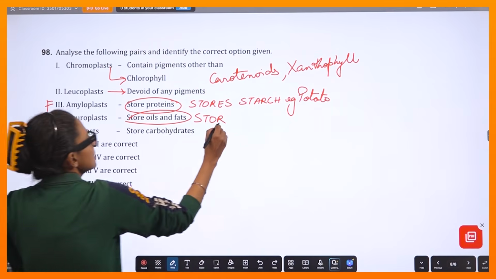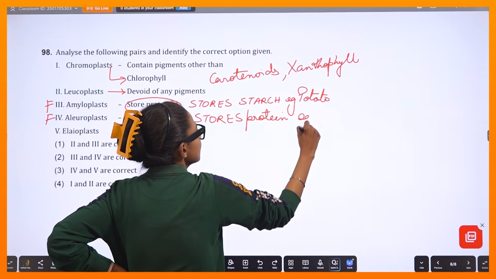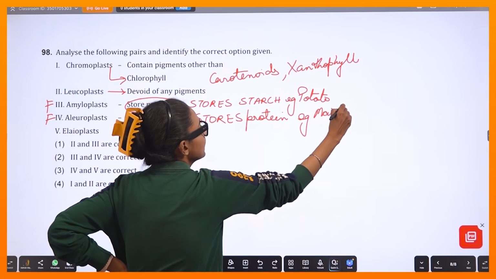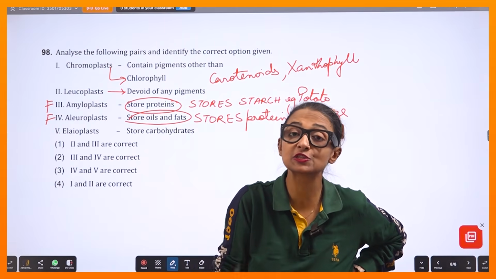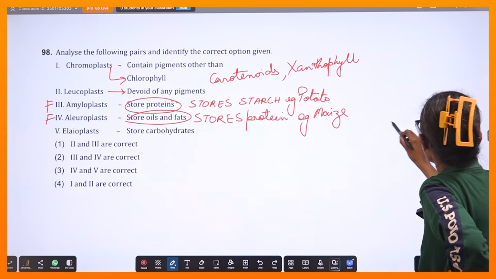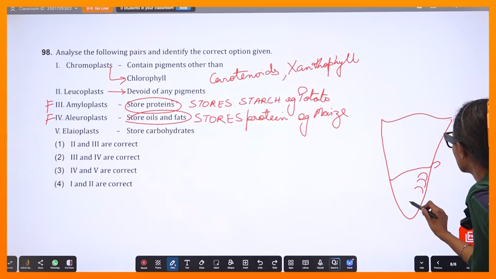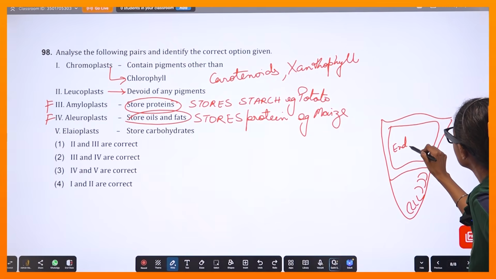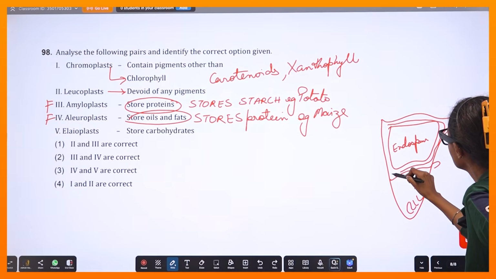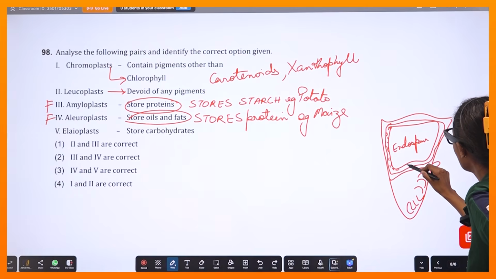This is false. Stores protein, found in maize. In maize, you know that there is an aleurone layer around the endosperm that stores protein in the maize seed. Remember? If this is your maize seed, you have endosperm here, and exactly around it, this portion is your aleurone layer.